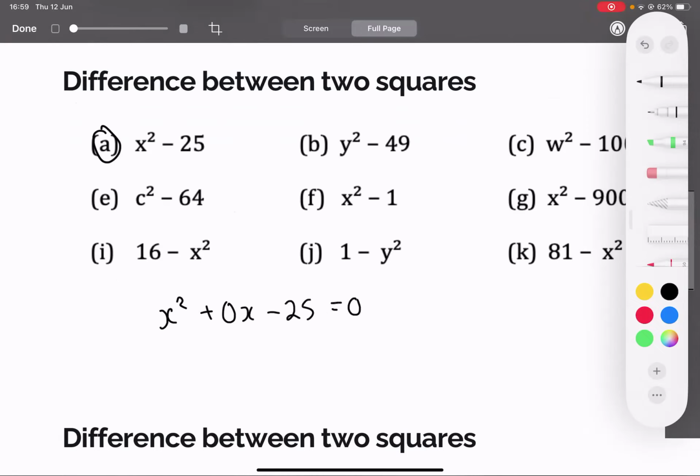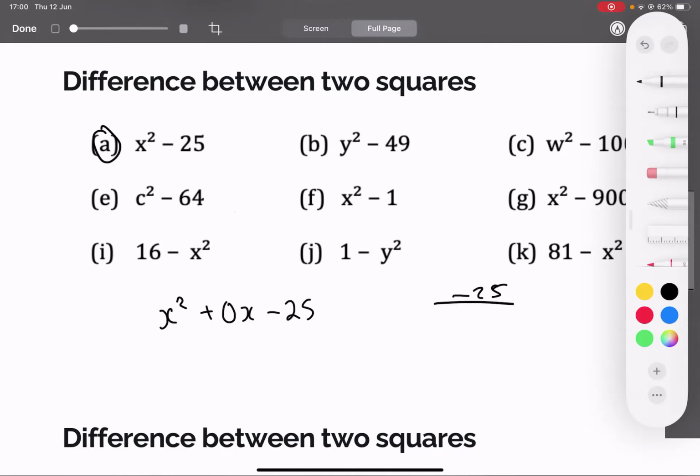Well, I don't need it to equal 0, I just need to factorize it. So I need two numbers that multiply to minus 25. Don't forget the sign. And add up to 0. What two numbers multiply to minus 25, but actually add to 0?